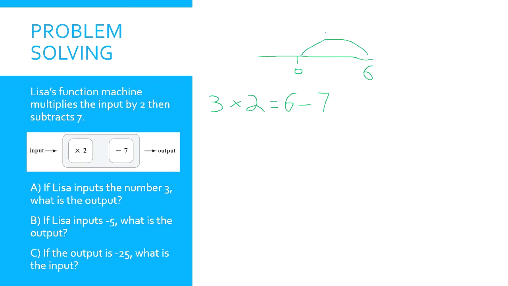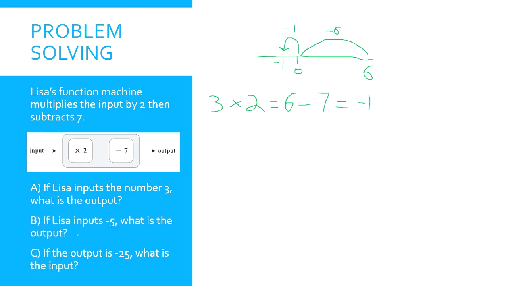Well, I've had to take away 6 to get from 6 to 0. And I need to take another 1 to get to a total of subtracting 7. So that's going to take me to minus 1 as my answer. So the answer to question A is going to be minus 1 or negative 1.